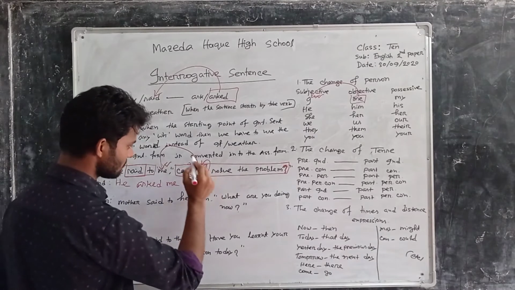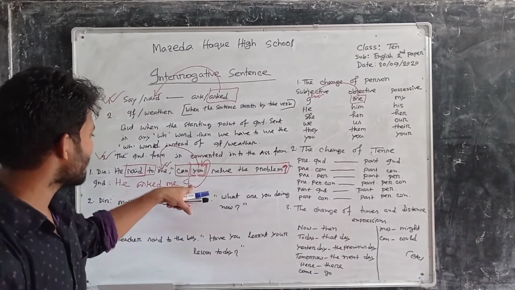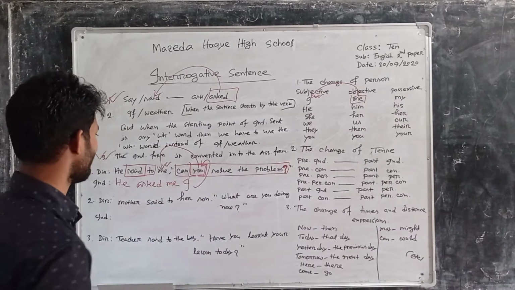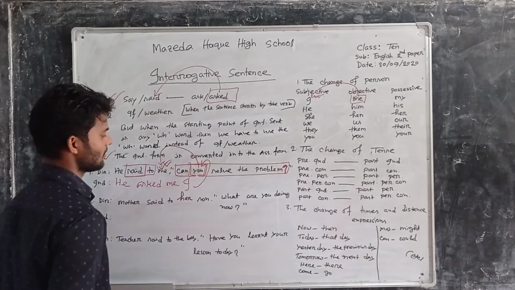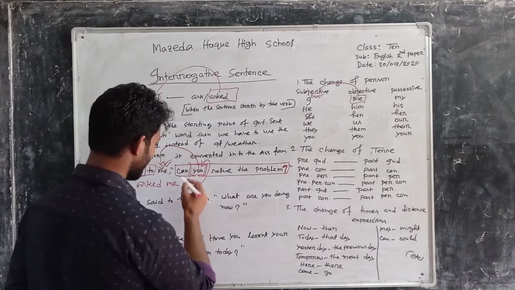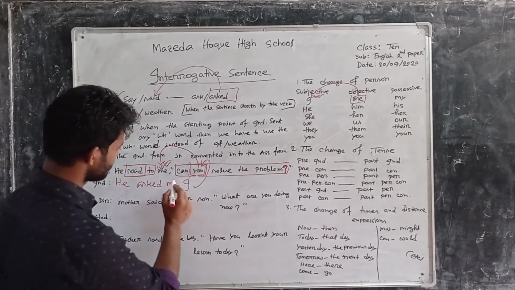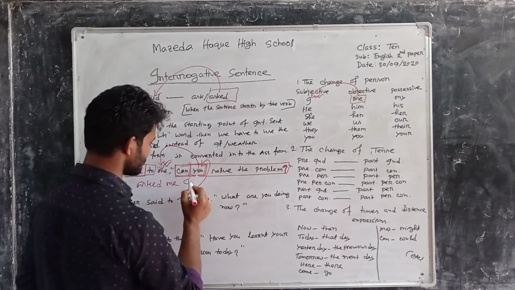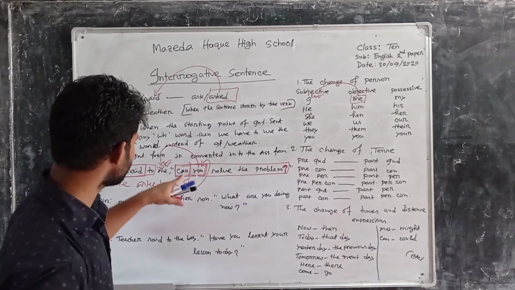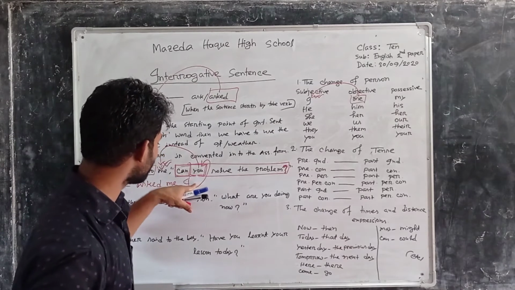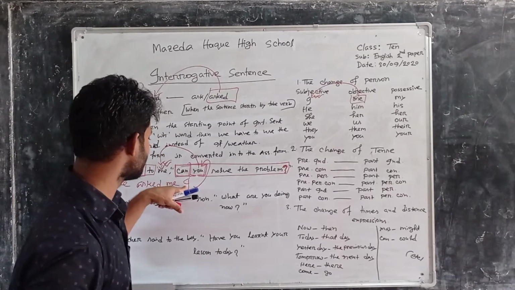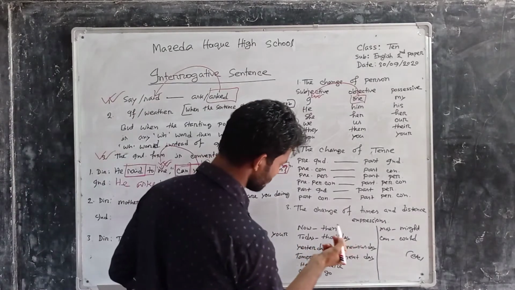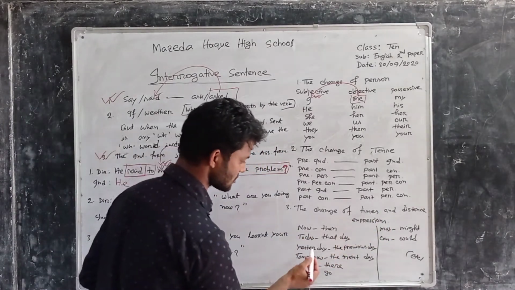Instead of you, we have used I according to the object of reporting verb. Then we will use can and we will set it after the subject, and it is changed according to the change of time and distance expression.